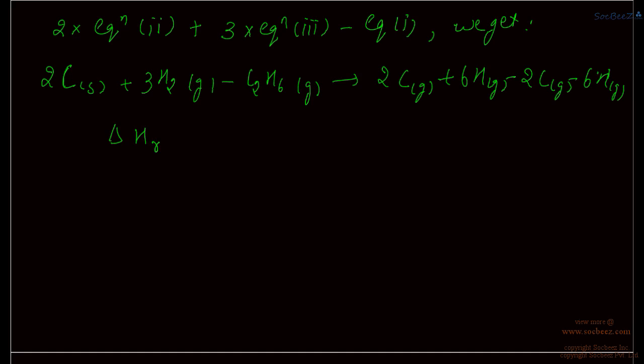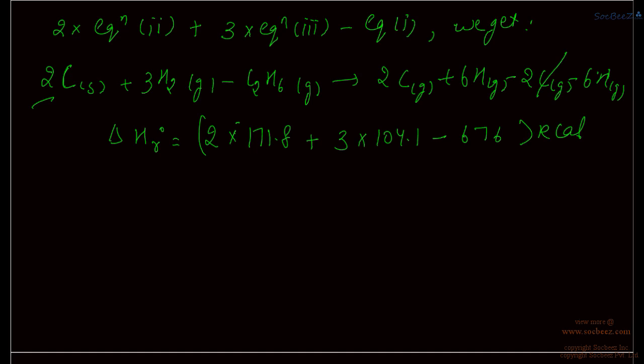And the heat of reaction, delta H, will now be 2 into equation 2, that is 2 into 171.8, plus 3 into equation 3, into 104.1, minus equation 1, that is 676 kilocalorie.